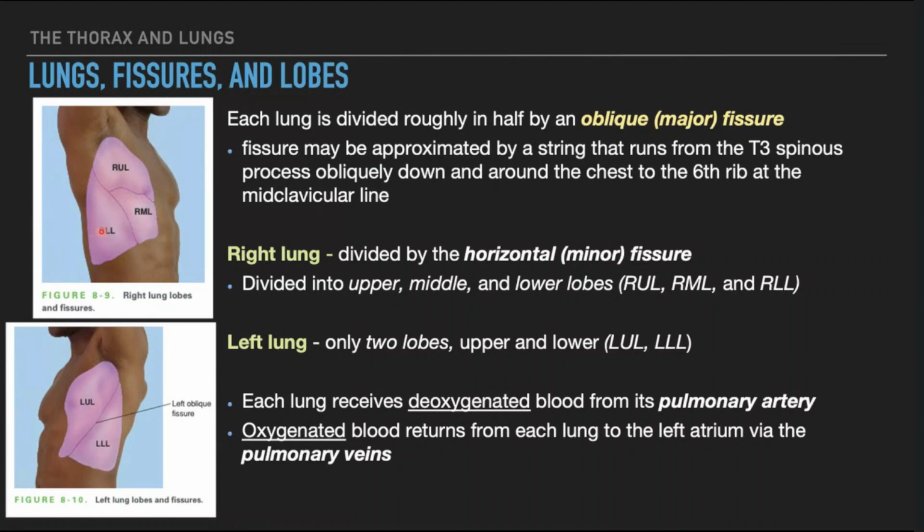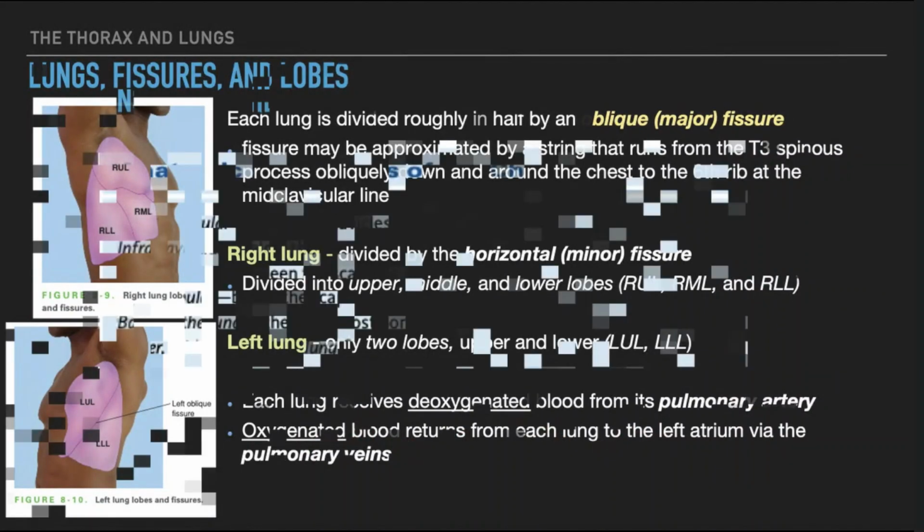So three lobes on the right, only two lobes on the left. Each lung receives deoxygenated blood from its pulmonary artery, which is then oxygenated. It returns as oxygenated blood from each lung to the left atrium via the pulmonary veins.